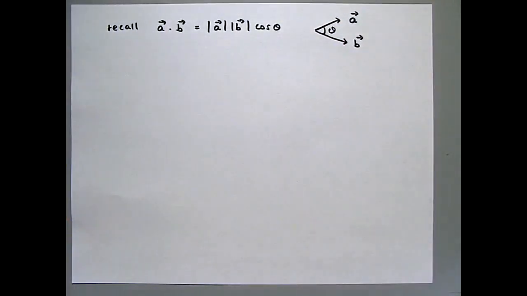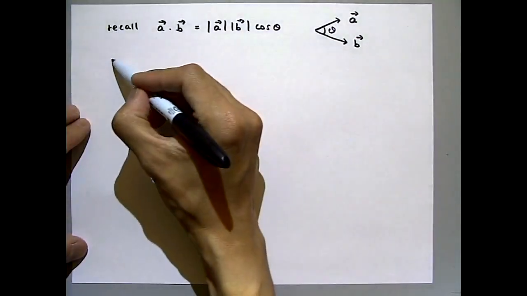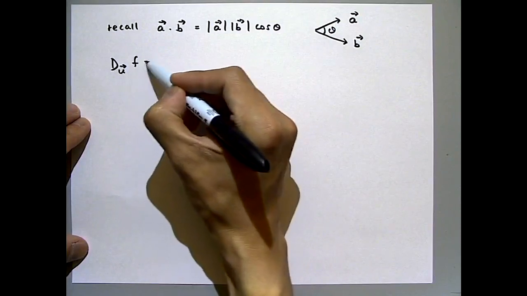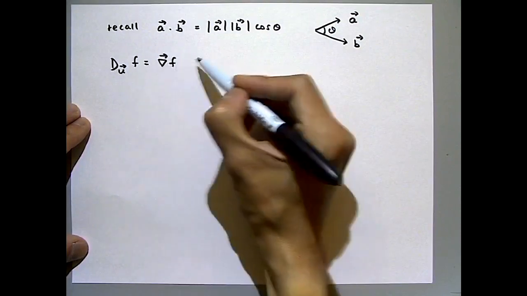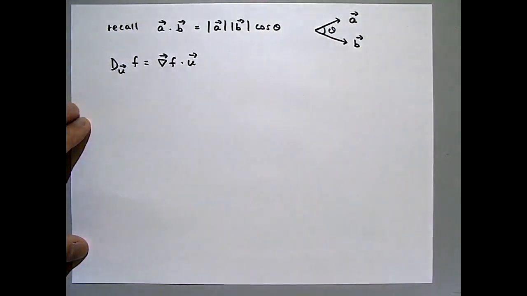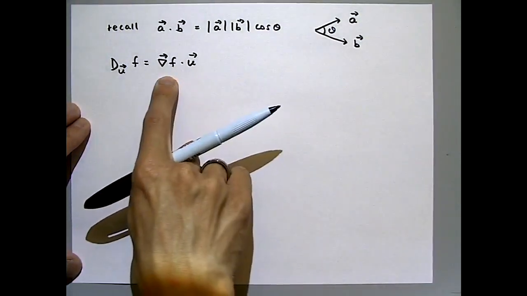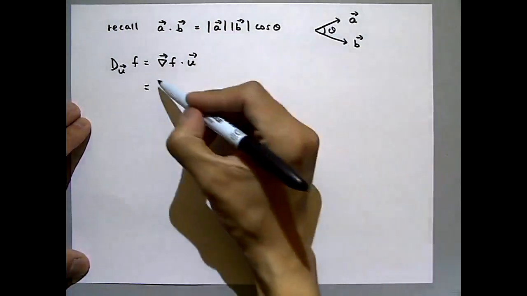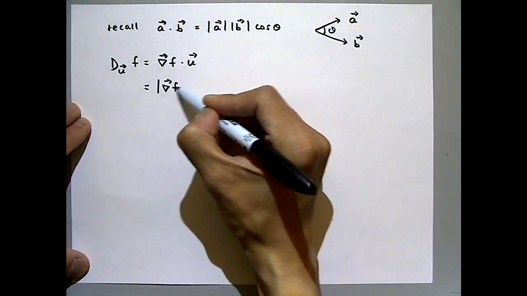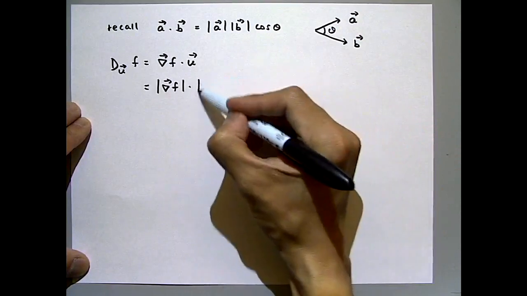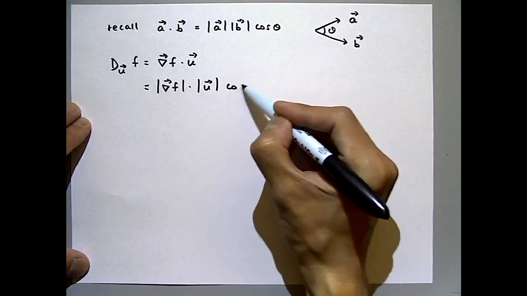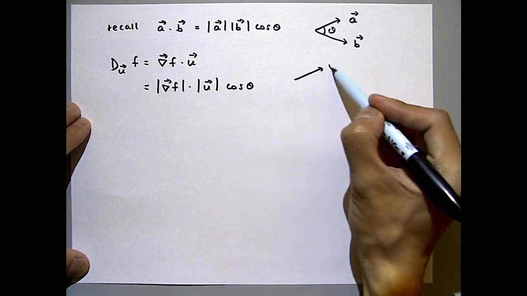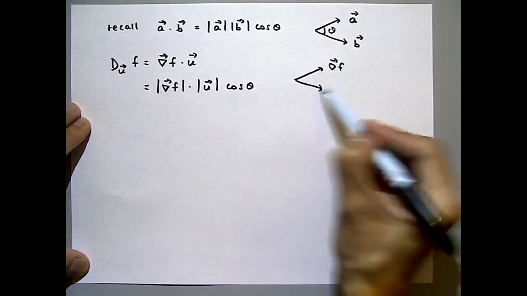This is just one of the definitions of dot product. So now let's look at the directional derivative in the form of a dot product. Both of these are vectors. This is a gradient vector, and that's a unit vector. This, by definition, is also equal to the magnitude of the gradient vector times the magnitude of the unit vector u times cosine of theta. And once again, theta is the angle between the two vectors.